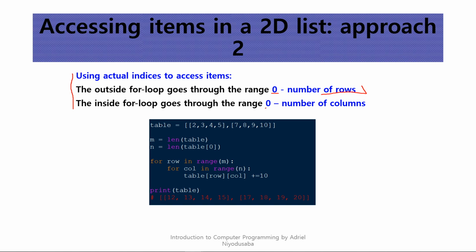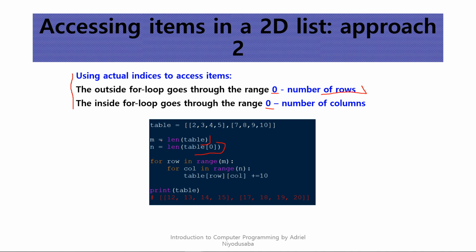The inside loop will go from 0 up to the number of columns. So automatically we need to find how many rows we have and save it to m, and how many columns we have and save it to n. In this example, m will be 2 because we have 2 sublists. n will be 4 because we have 4 items in one sublist.